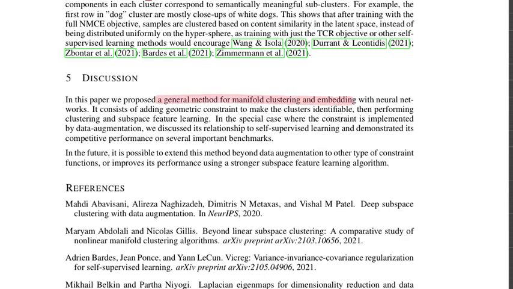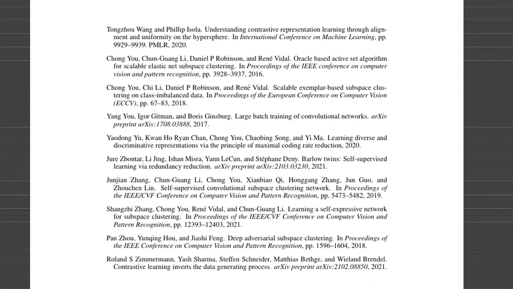This was done by addition of geometric constraints to make these clusters identifiable, and then performing clustering and subspace feature learning using NMC objective, which had the MCR2 objective as its main component. The relationship between that and self-supervised learning was discussed, and the competitive performance was demonstrated. Also, this is a key reference for this work, which is the work that basically introduces the maximal coding rate reduction.